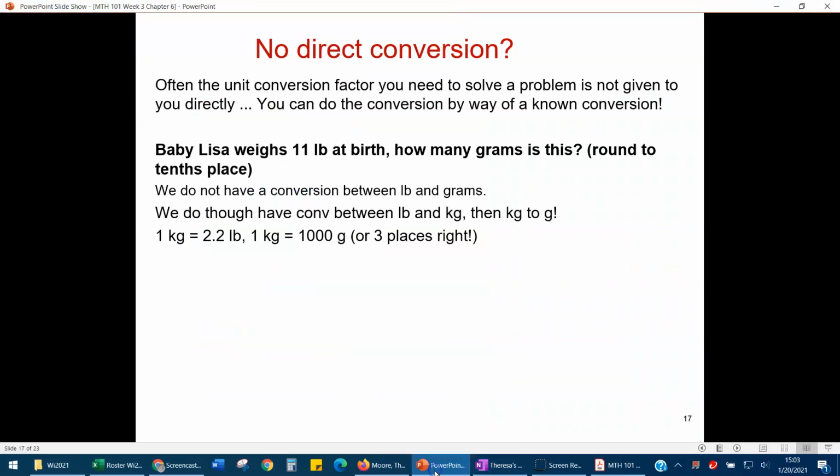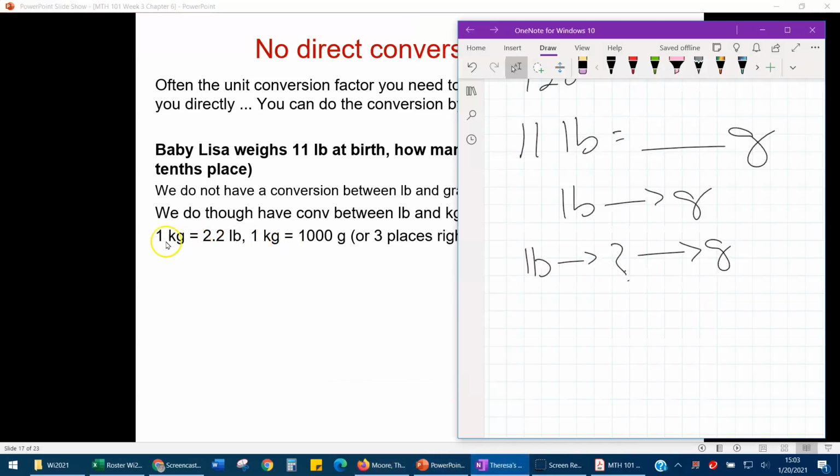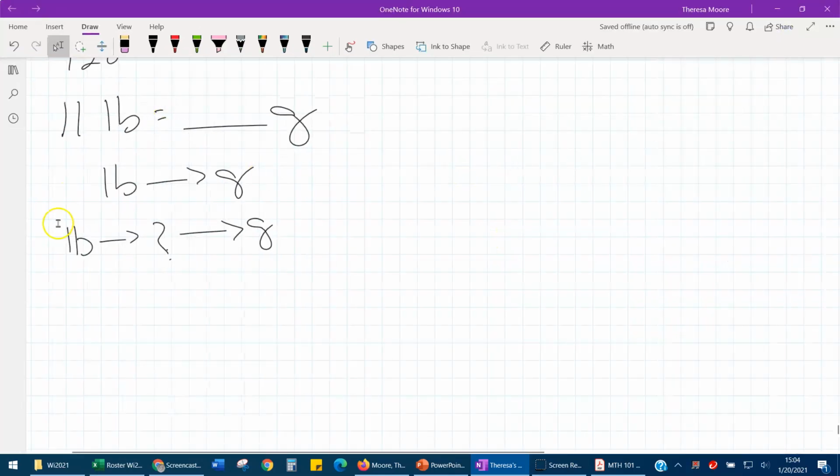I'm going to go from 11 pounds to its equivalent number of kilograms using the 1 kilogram is 2.2 pounds equivalence. Then once I'm in kilograms, I'm going to convert it to grams, either using your metric number line or the 1 kilogram equals 1,000 grams equivalence. So I'm going to go from pound to kilogram and then from kilogram to gram.